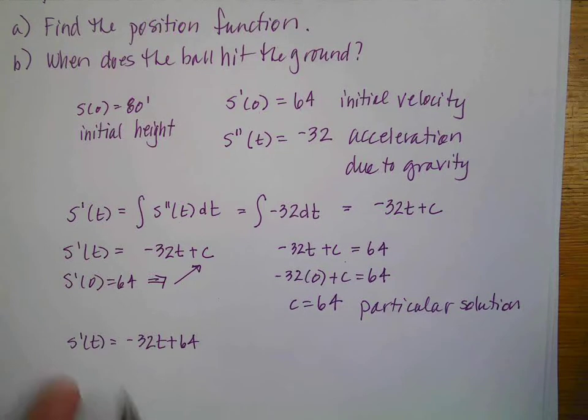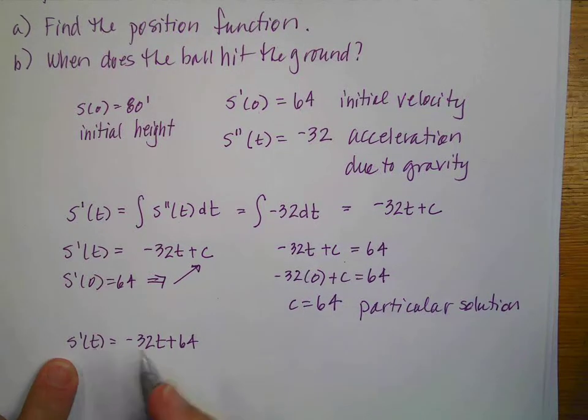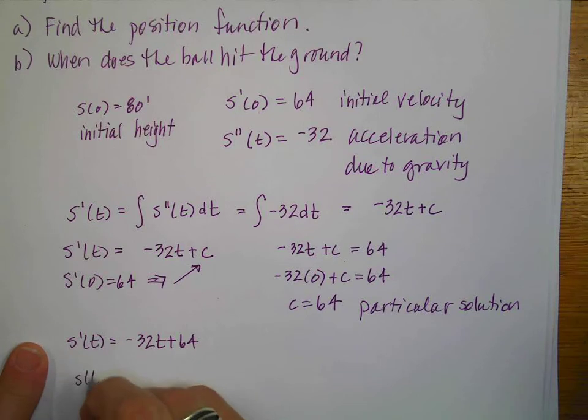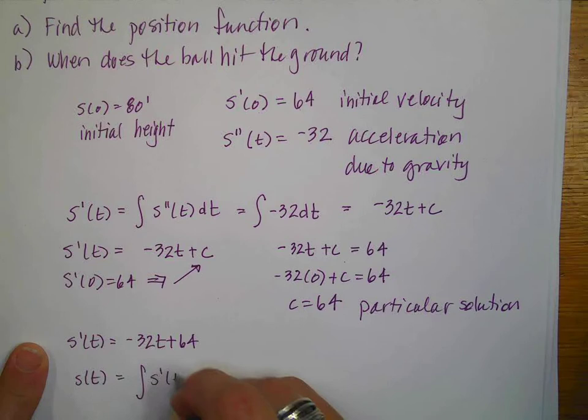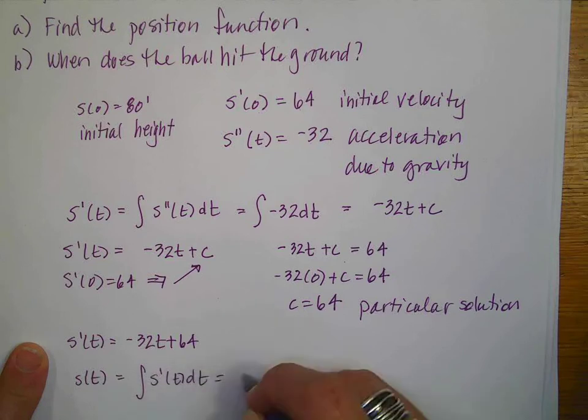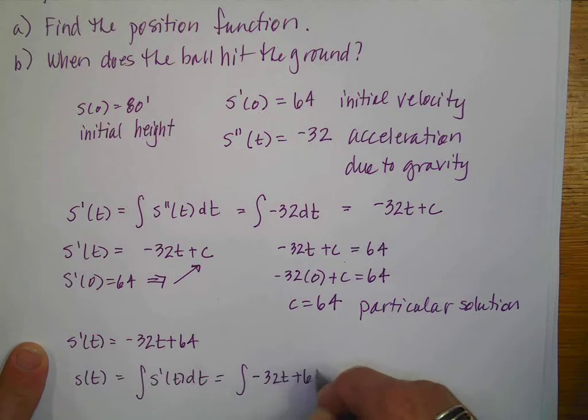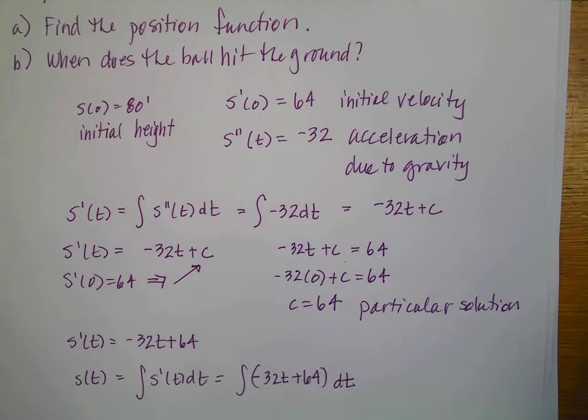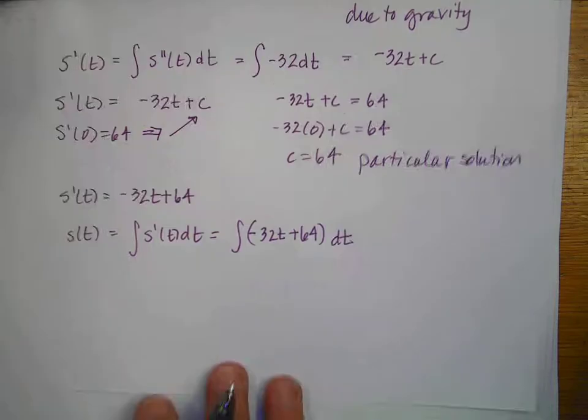right? Remember, it says find a position function. Well, if this is velocity, then position s of t is going to equal the integral of s prime of t dt, so that's going to be the integral of negative 32t plus 64 dt, okay?